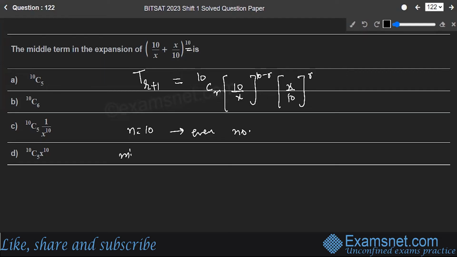So the middle term will be given by the (10 by 2 plus 1)th term, that is the 6th term. So you have to find out T6.